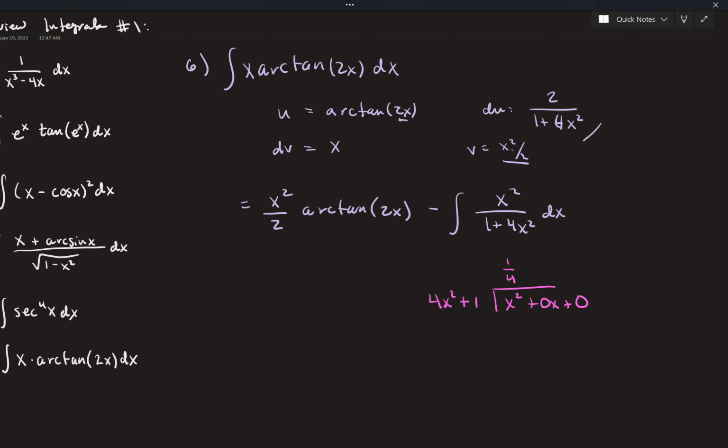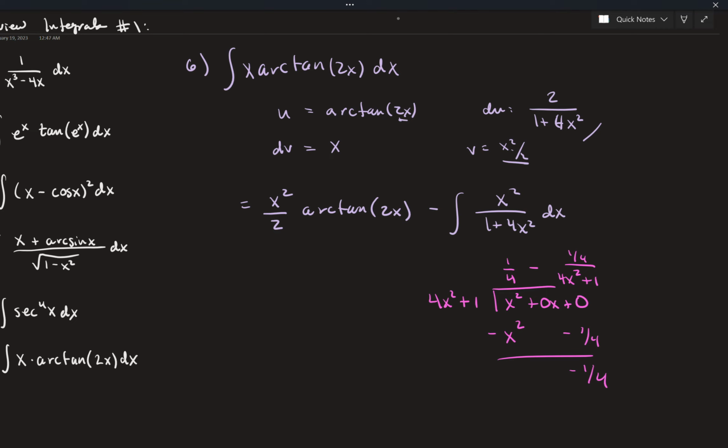I'll add in my placeholders. So now I've got to subtract: minus x squared minus 1/4. Then I get minus 1/4 over here. So I'm left with 1/4 minus, and whenever I get a number over here, I leave that denominator.